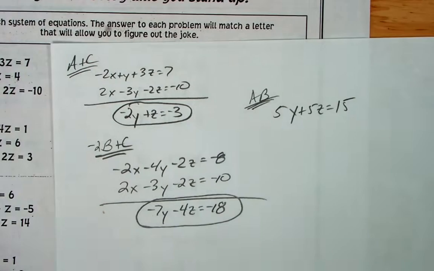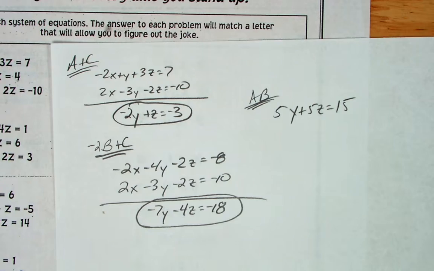The reason I'm mentioning this is that in a problem like this, you can divide everything by 5 and make your life easier. We don't have that option here, and that's okay. But if you ever run across a situation where they all have 3's in it, you can divide by 3. That's fine.